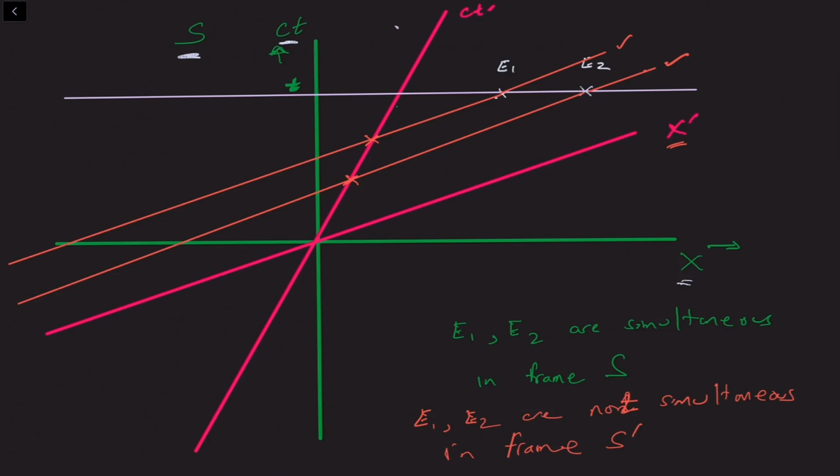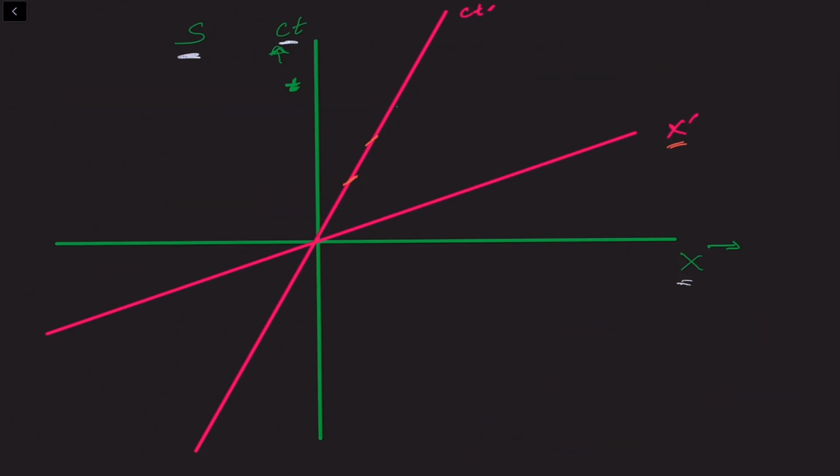How about two events now which are simultaneous in frame S prime? So let's try to identify those. Let me erase the previous grid lines. Let's take two points which have the same t prime coordinate. One way to easily do that is to draw a line which is parallel to the x prime axis. Let me just draw that line.